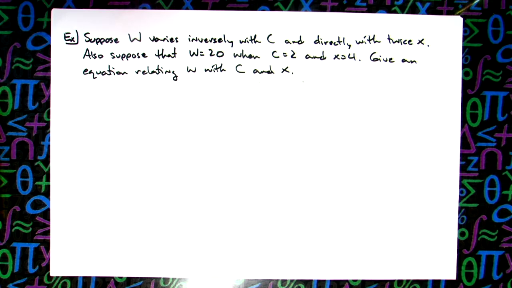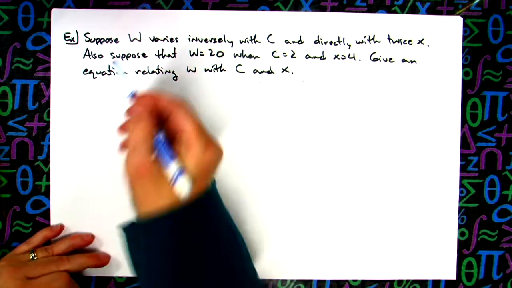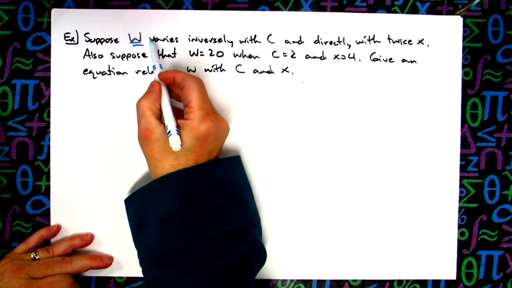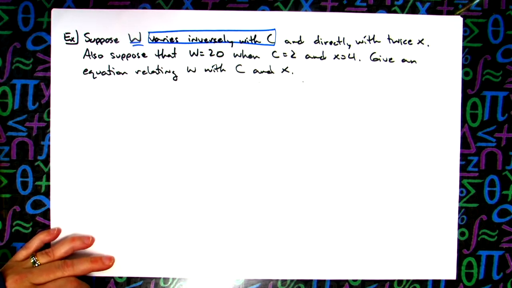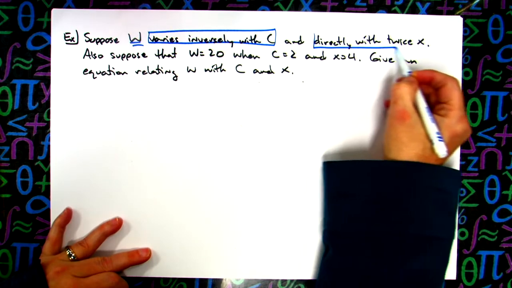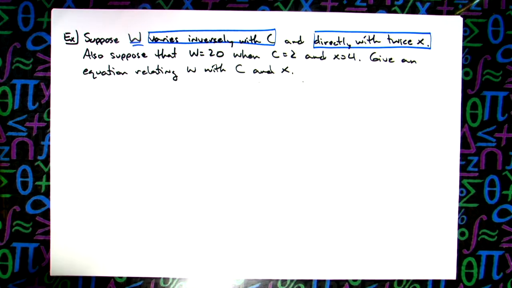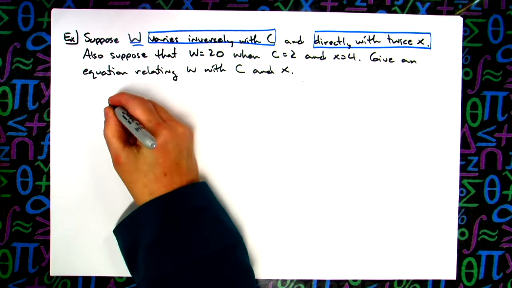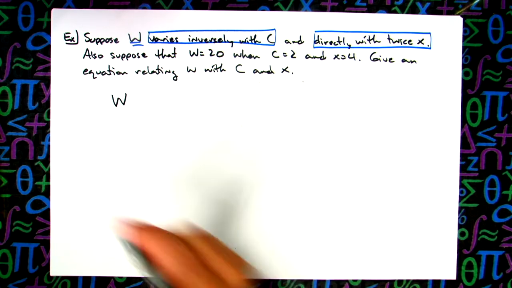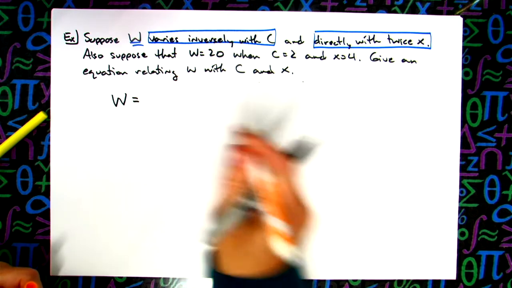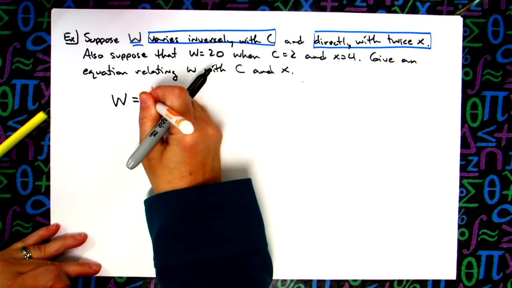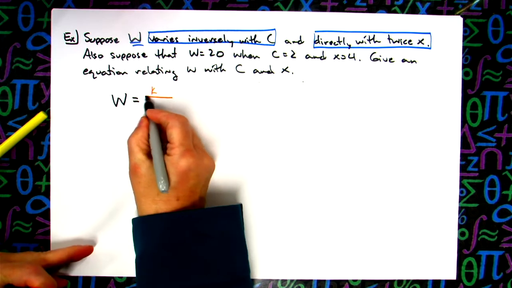It says, suppose W varies inversely with C and directly with twice X. So we got this W thing going and it is varying inversely with C, which means that's going to be on the bottom, and directly with twice X. Every time I'm going to start with my W, because that is what's varying with the other letters, is equal to K, with a horizontal line.